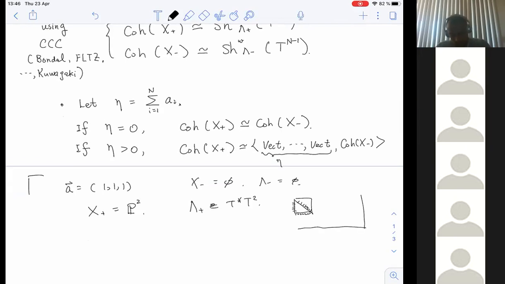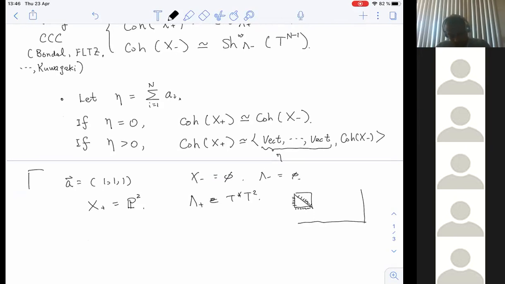So we have all the story worked out. On the B side, we have either a semi-orthogonal decomposition or an equivalence of categories. This is due to Daniel Halpern-Leistner, I call him DHL, or Matthew Ballard, David Favero, and Katzarkov.